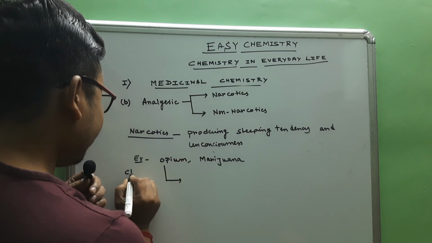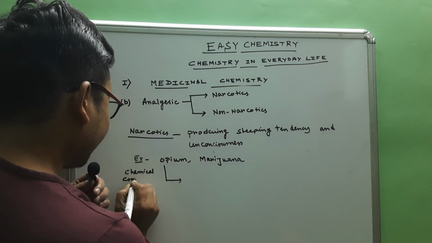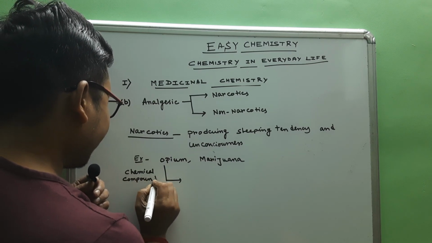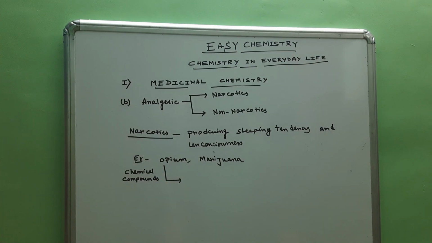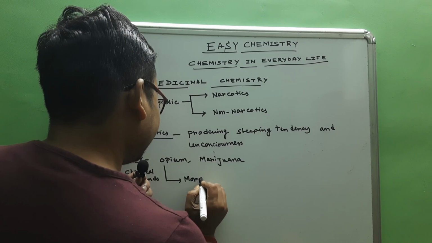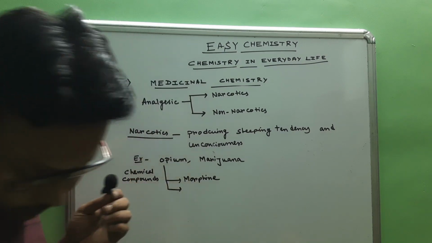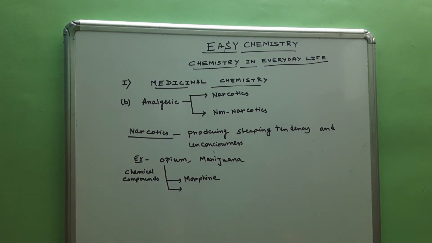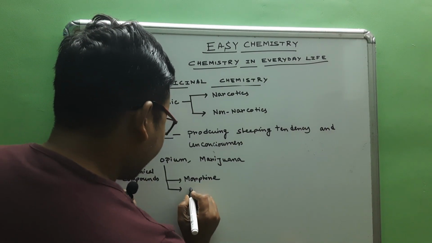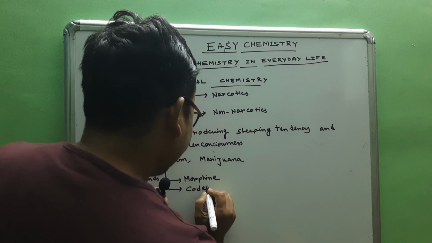The chemical compounds present in opium are morphine and codeine.